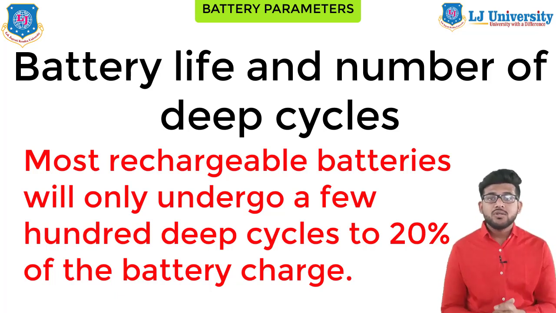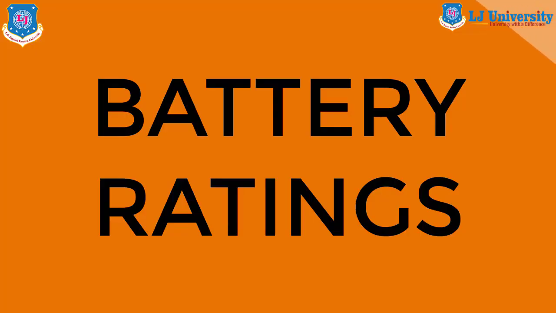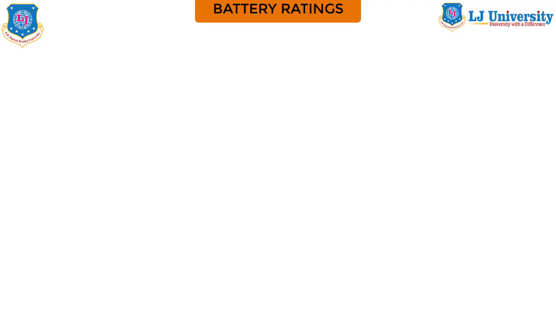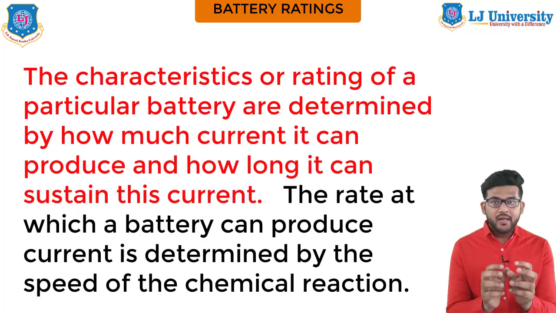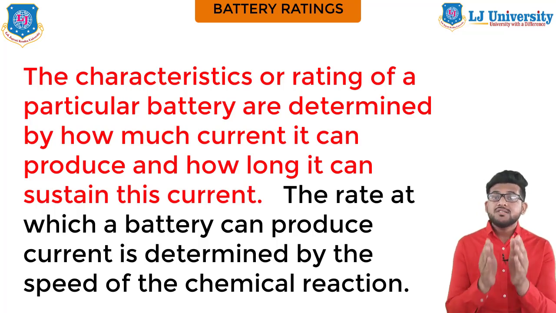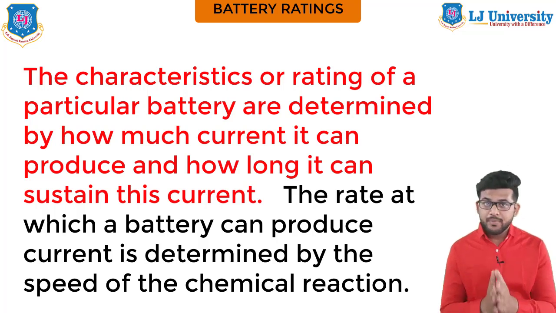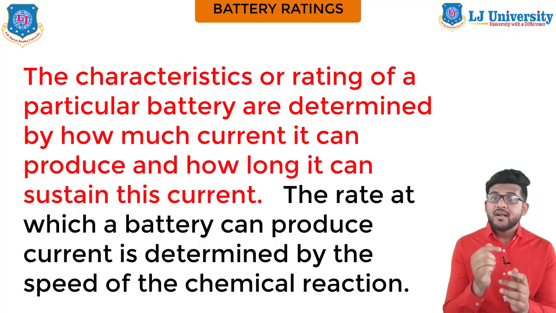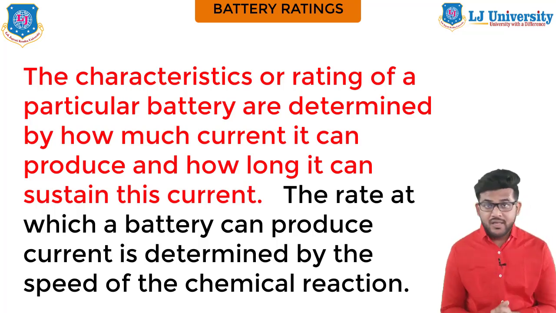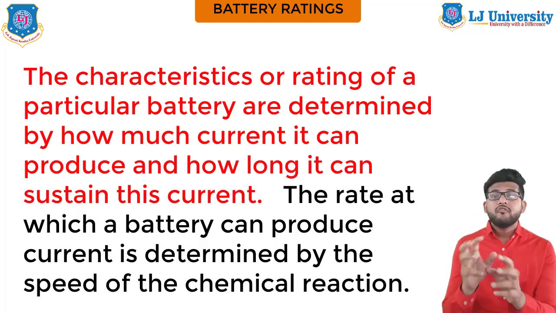Now let's discuss the battery rating very briefly. In simple terms, the characteristics or rating of a particular battery are determined by how much current it can produce and how long it can sustain this current. The rate at which a battery can produce a current is determined by the speed of chemical reaction, which in turn is determined by a number of factors.